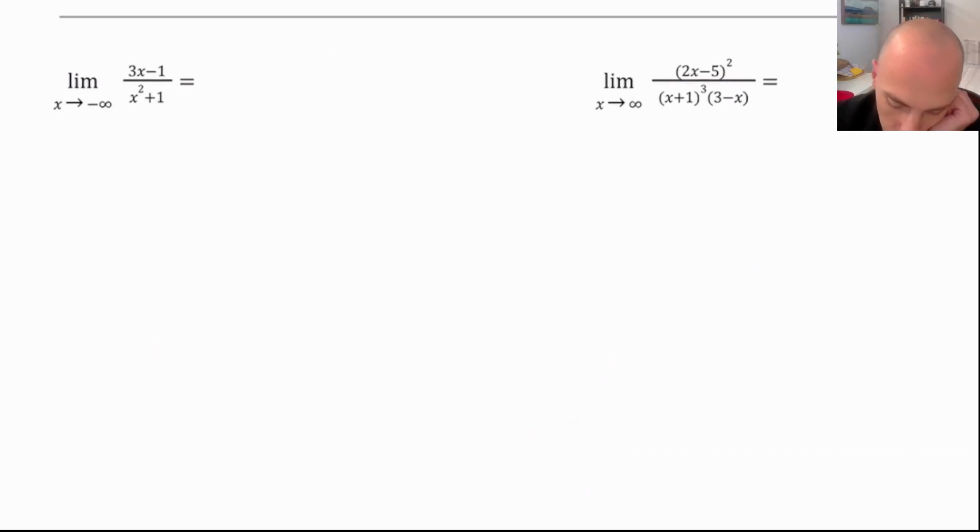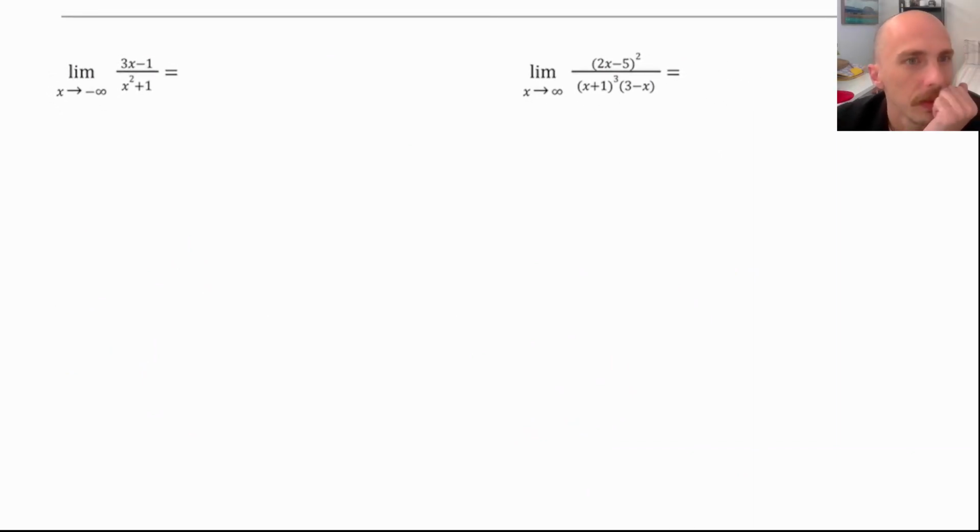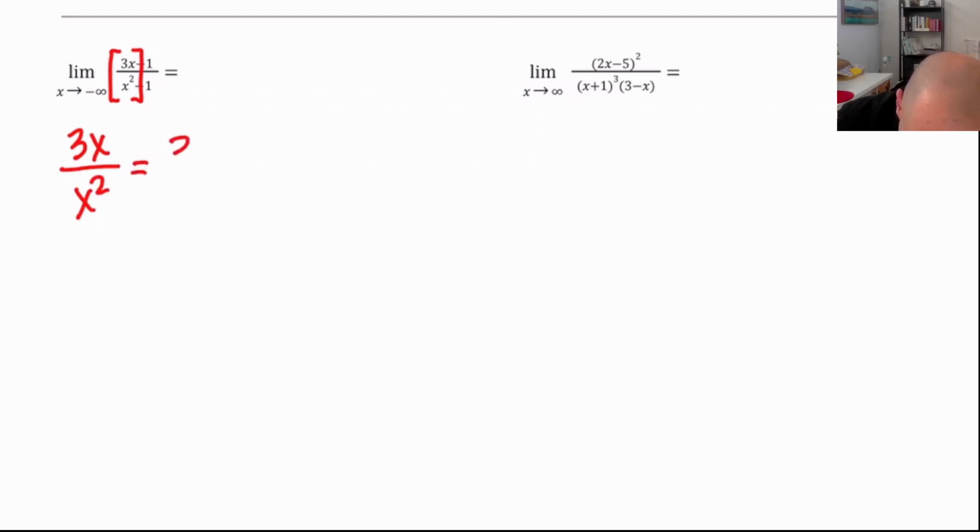All right, now here's two more. I think that these should be a little easier. Notice on the left, I've got 3x minus 1 versus x squared plus 1. So I've got a greater degree in the denominator. Those always go to 0, right? If I had to do the officially approved AP Pre-Cal way, I would say I'm taking out the leading terms to determine my end behavior, and that's equal to 3 over x, and that goes to 0 as x approaches infinity, or as x approaches negative infinity.